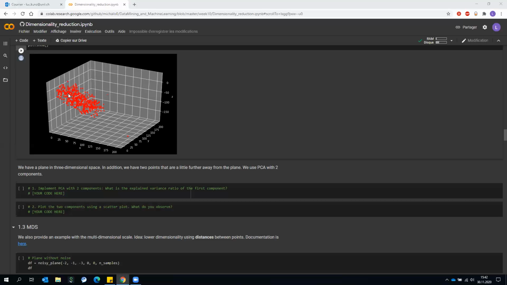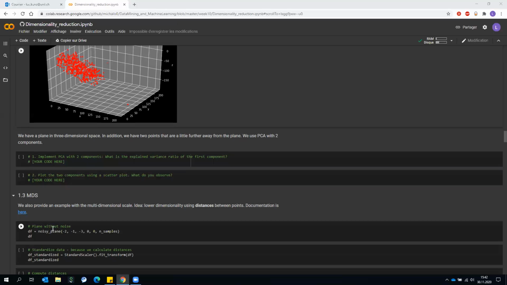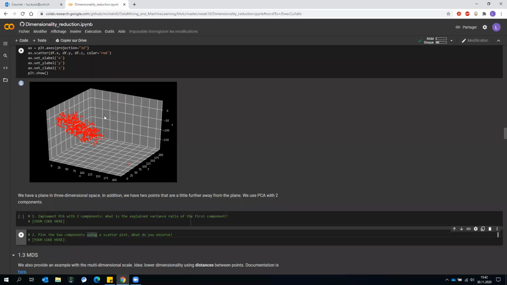I will show you the results in MDS, multi-dimensional scaling, which give a similar result, because I will apply it to the same plane. Basically, it's as if you would take a picture of the plane from the best location that keeps a maximum variance.